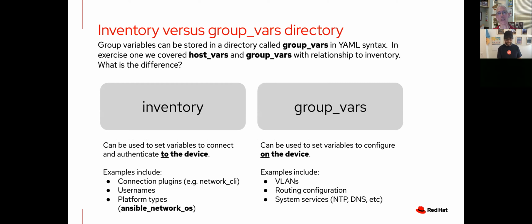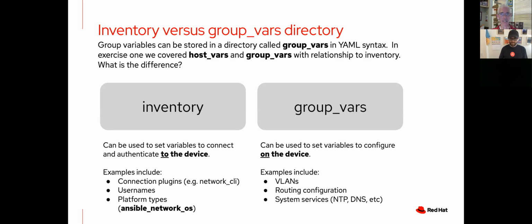Before we had the group Cisco, so if I wanted to specify group variables for that Cisco group, I would just have a cisco.yml file, and I would populate that with my variable definitions. Like we saw with the special group all, you can also create a file called all.yml, and those variables would apply to everything in your inventory.